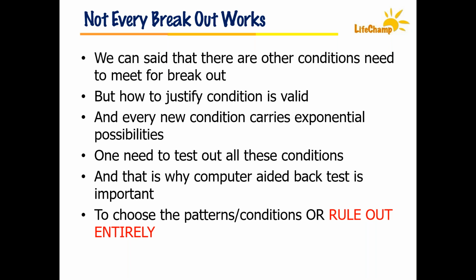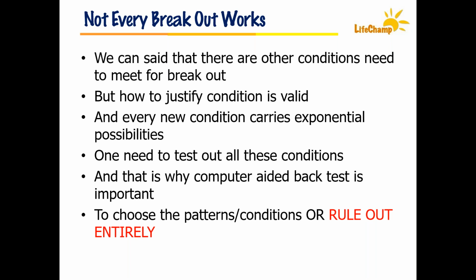A computer could take 5 minutes, 2 minutes to test whatever you want. If you do it manually, you probably need days or weeks. They might just take minutes. So you can choose a pattern or condition under which this breakout could work, or rule it out entirely. If you backtest enough, some setups that are well known may not necessarily be usable, and some systems you can rule out entirely.